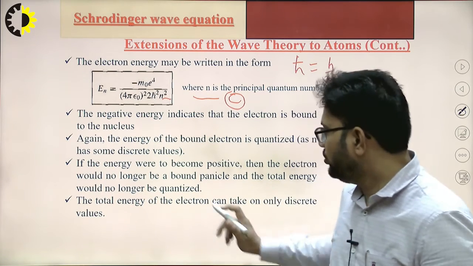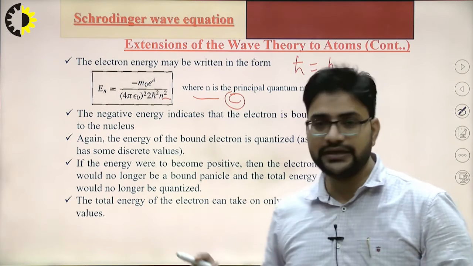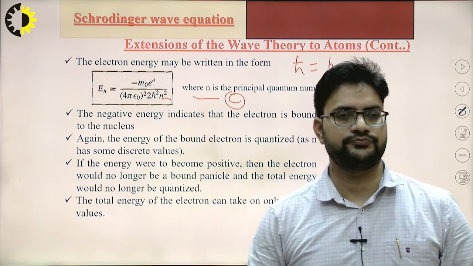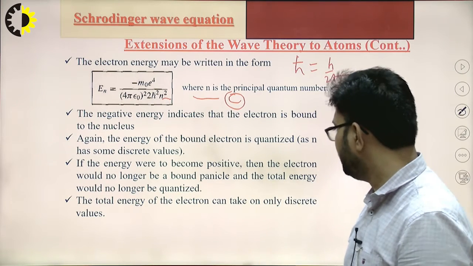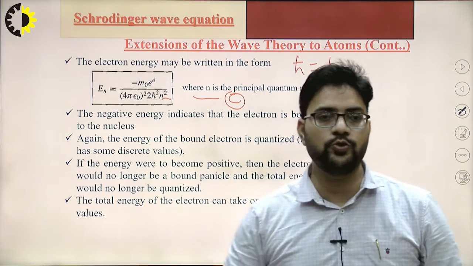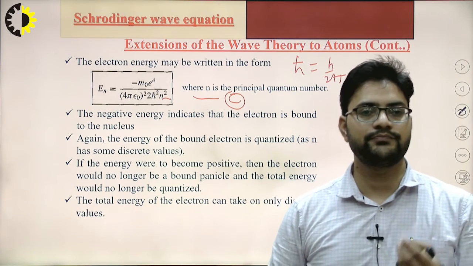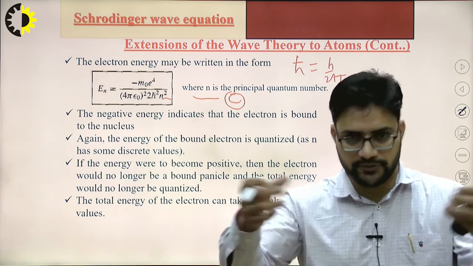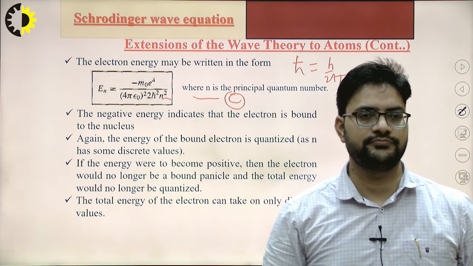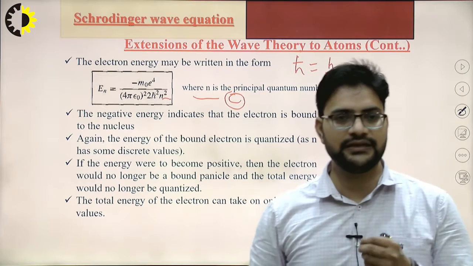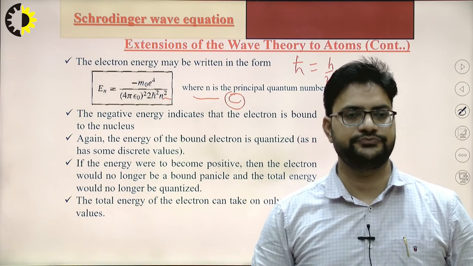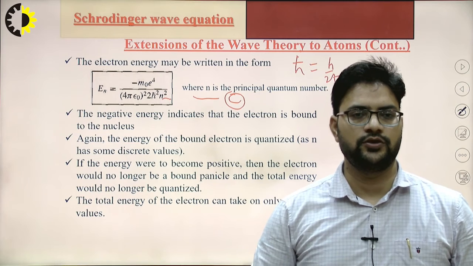If the energy were to be positive, then the electron would no longer be bound to the nucleus, and the total energy would not be quantized.